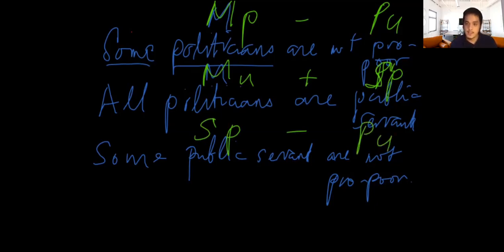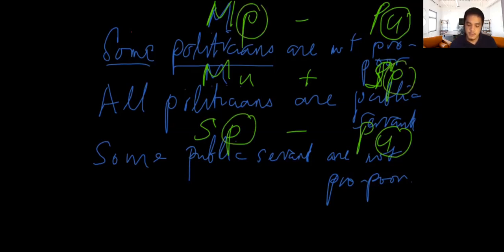Okay, so let us check PU and then PU. Oh, they are valid. SP, SP valid. MP, MU once taken universal valid. Minus, plus, therefore minus. Oh, we have a figure 3 syllogism.